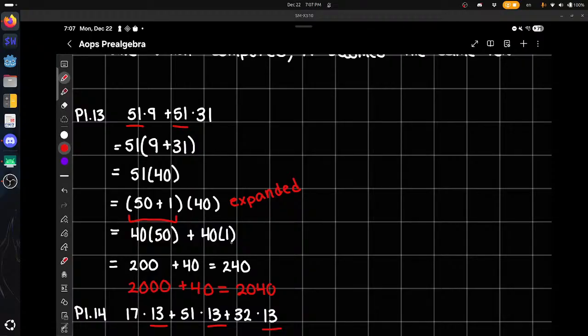Is this expanded as well? No, this would be expanded. We expanded the number. That's what they're telling me. And then when we want to go back, so if we have a times b plus c, this is in factored form. But when we do ab plus ac, we've now expanded it.